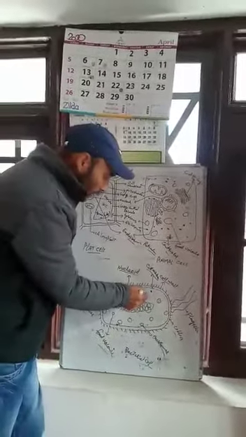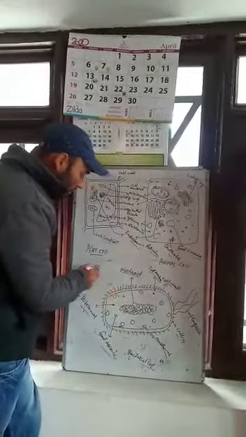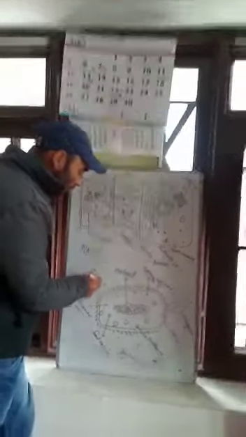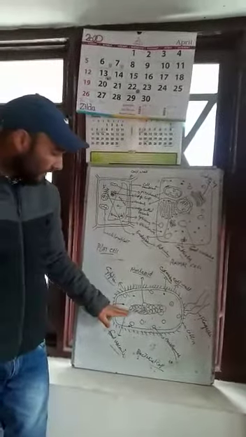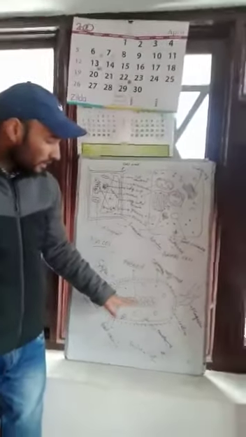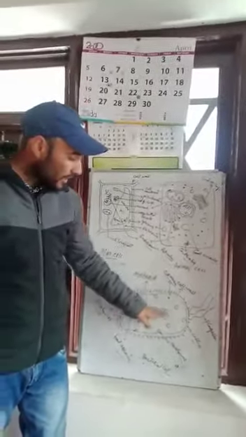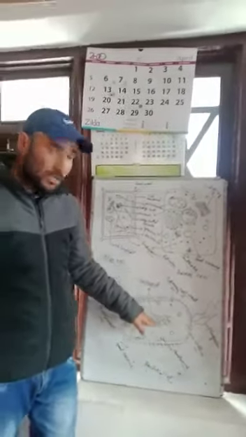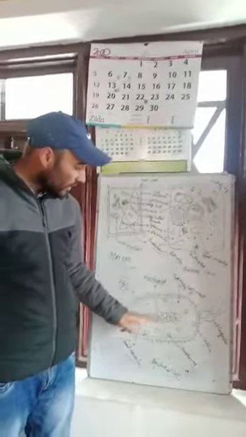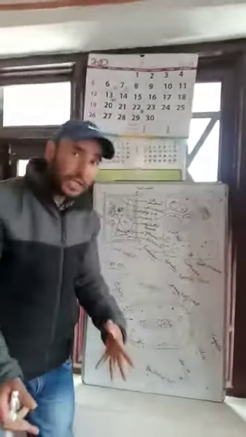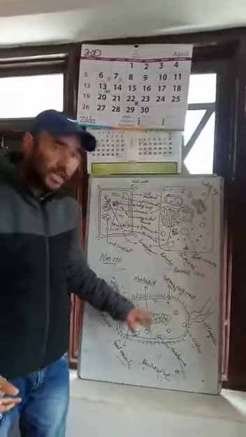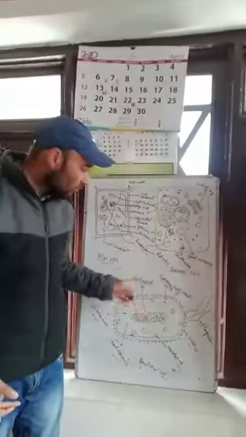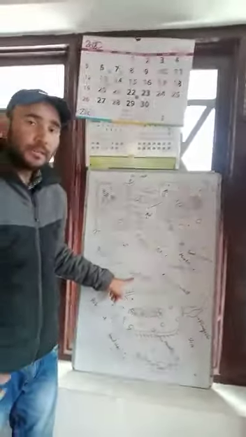Then there is the cytoplasm. In the cytoplasm there is DNA, that means circular DNA, and the region where the DNA is directly present, there is no covering on this DNA. That region where this DNA is concentrated in the cytoplasm is known as the nucleoid.